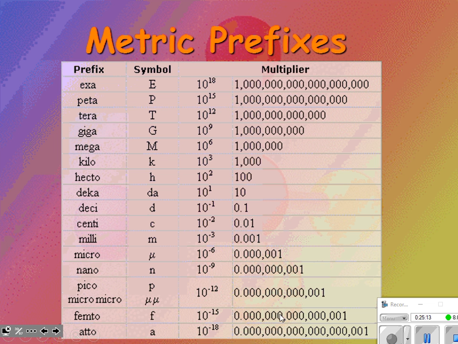So this column is not as important as the first three. What I would like you to do is put those first three in there, and also add one right here that is not here, the base. Base goes right here in between deca and deci. So go ahead and add those, write these into your notes so that you have them.